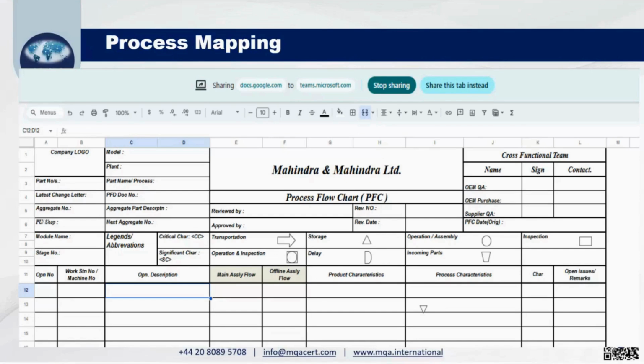And second is the process characteristics. In the process characteristics, we need to identify the process parameters. Like I am doing machining in a CNC machine or a lathe machine. What is required for me to achieve that parameter?